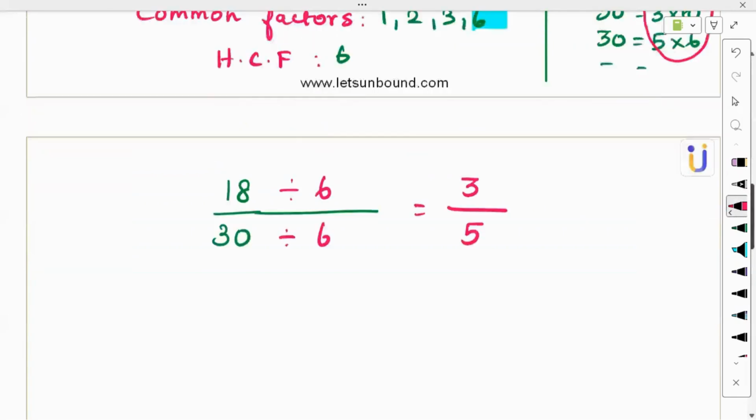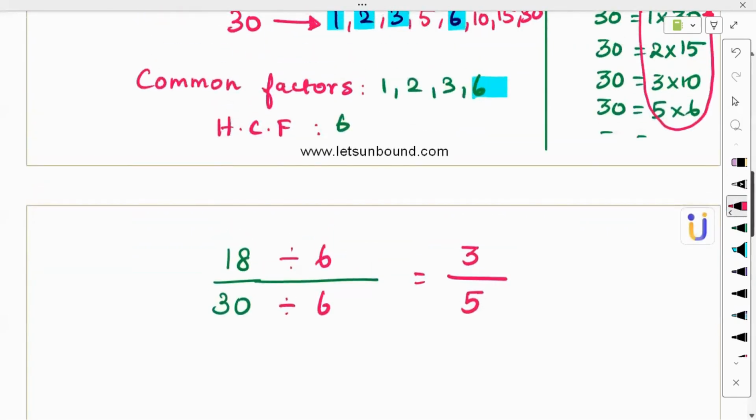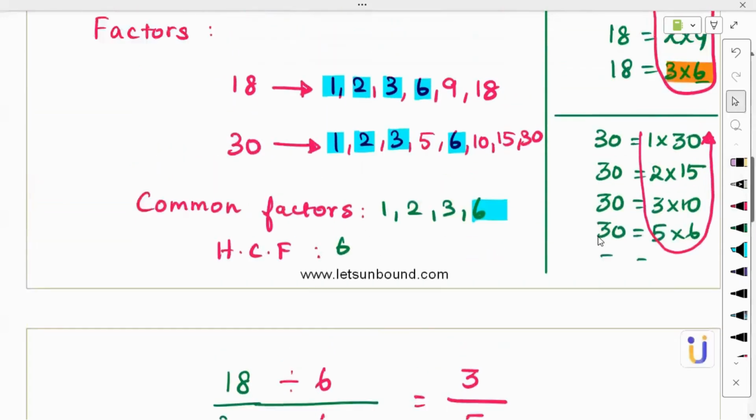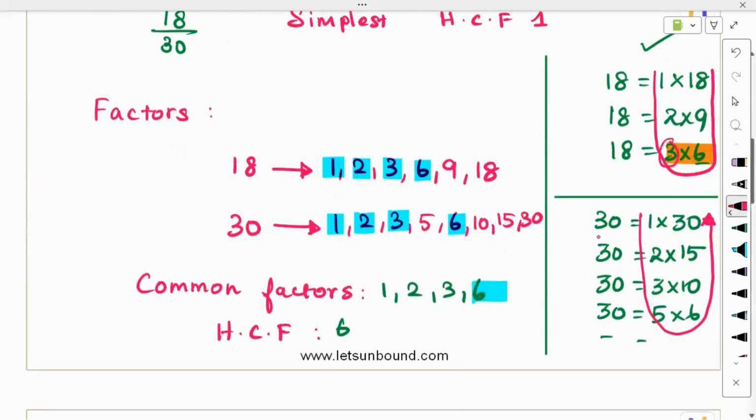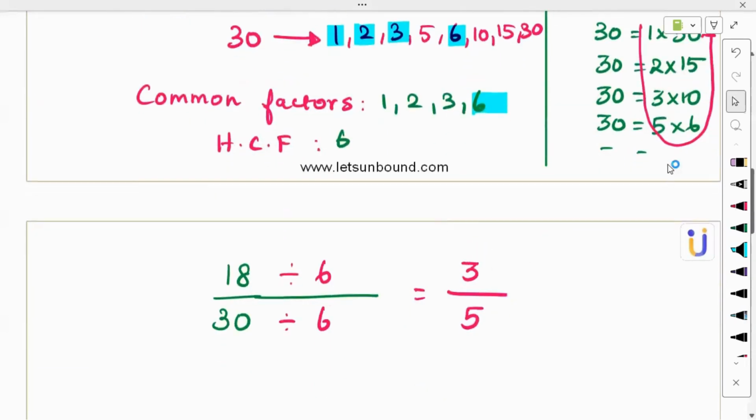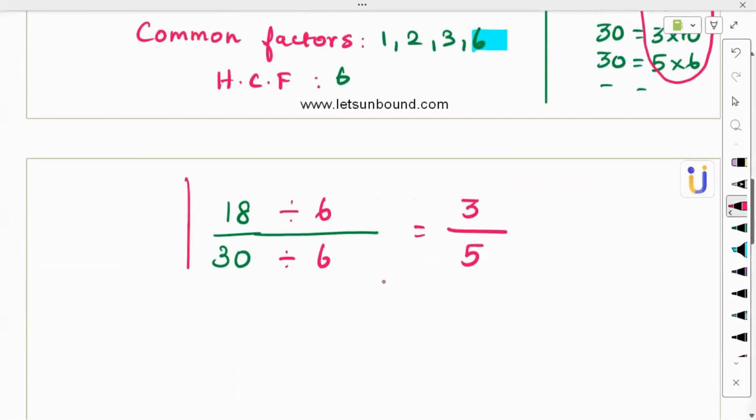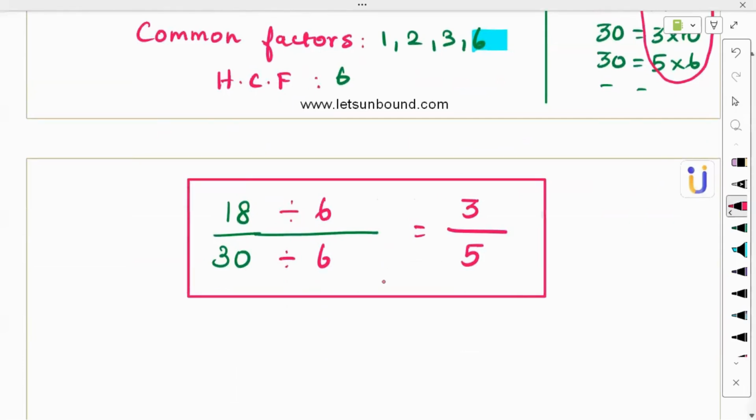If you don't want to do the division, go back to the rough work and check. In 18, take the combination of 6. 6 is present there, right? So the core number is 3. And in 30, the 6 combination is 5. The core number is 5. So we get 3 by 5. This is the detailed way.